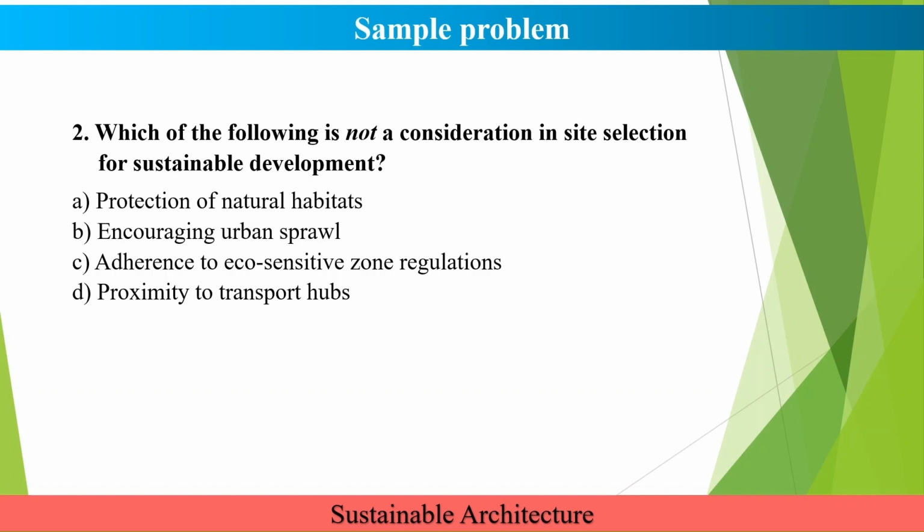That is encouraging urban sprawl, since we know that sustainable site development focuses on reducing urban sprawl by encouraging dense development and protecting natural habitats, in contrast to expanding cities outward. That's why option B, as all of you have answered, is absolutely correct.